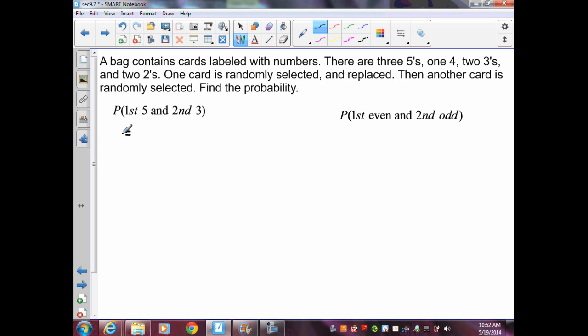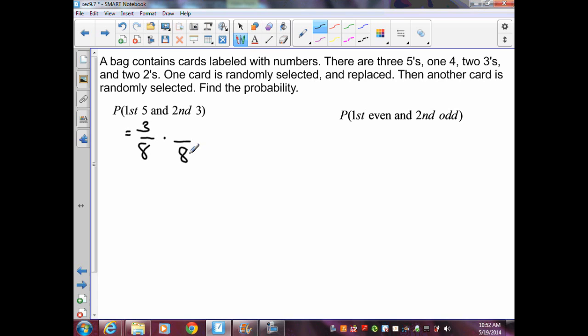Therefore, we need to find the probability of the first card being a 5. Let's see how many cards there are in total. 3, 1 4 gives me 4, 2 3s gives me 6, and 2 2s gives me 8 total cards. The probability of selecting a 5 is going to be 3/8. Since it's independent, I'm going to multiply that times this event, which is the second card is going to be a 3, since there's a total of 8.